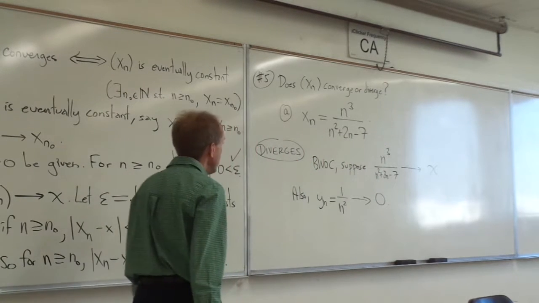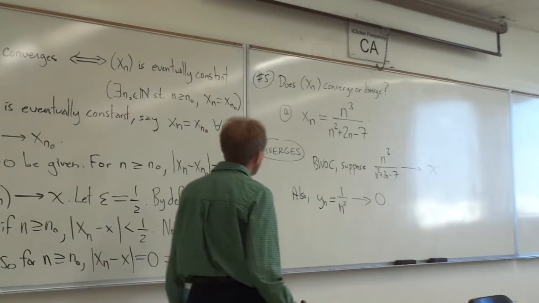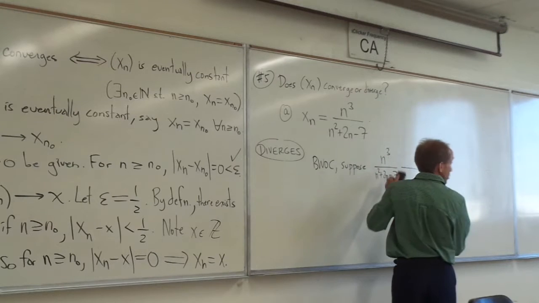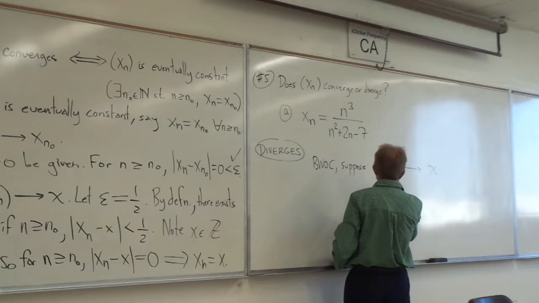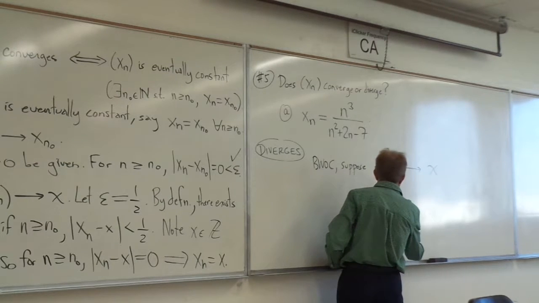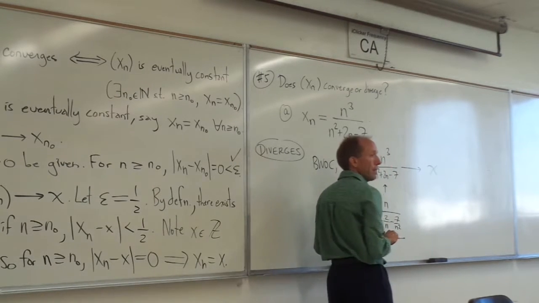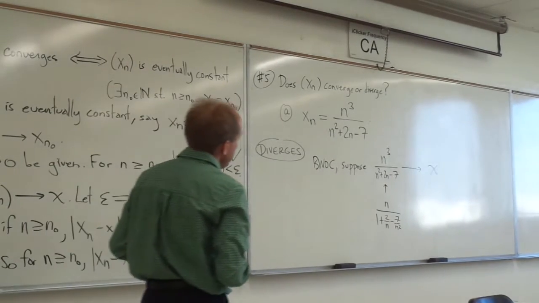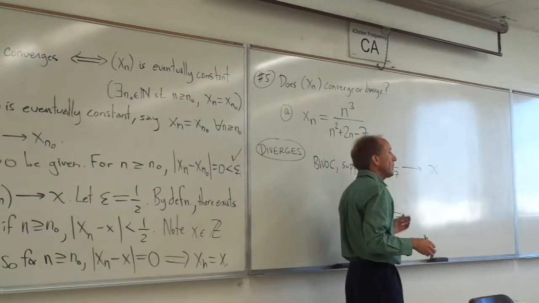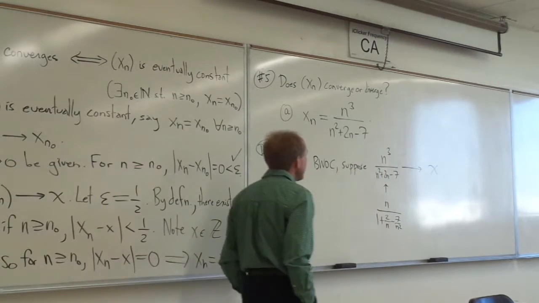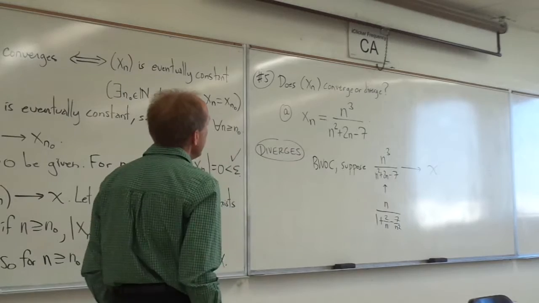I was dividing by n squared, so you get rid of this n. Oh, you just want to change this, you don't want to make another sequence. Okay, so I can rewrite this as n over 1 plus 2 over n minus 7 over n squared. Well, it doesn't really equal n, right? It doesn't quite equal n.